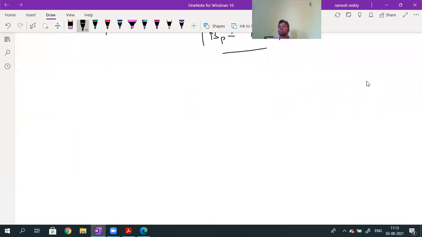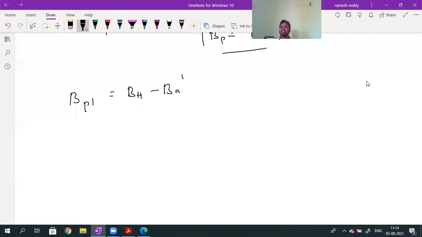Now similarly, I can also calculate at a distance of 2D. If I want to calculate the magnetic field value at a distance of 2D, I will call it BP dash. At a distance of 2D, the resultant magnetic field is BH, since the BH value is greater than BA double dash.